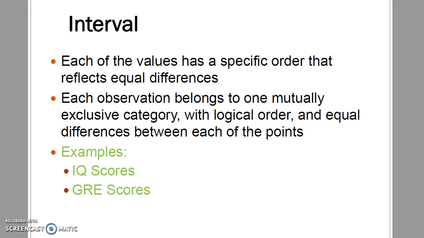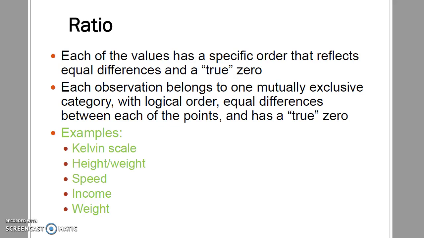So interval data occurs in specific order and it reflects equal differences, like your GRE scores, your IQ scores. There are equal differences between each point. That is interval data. And then ratio data is data that has a true zero, like income.